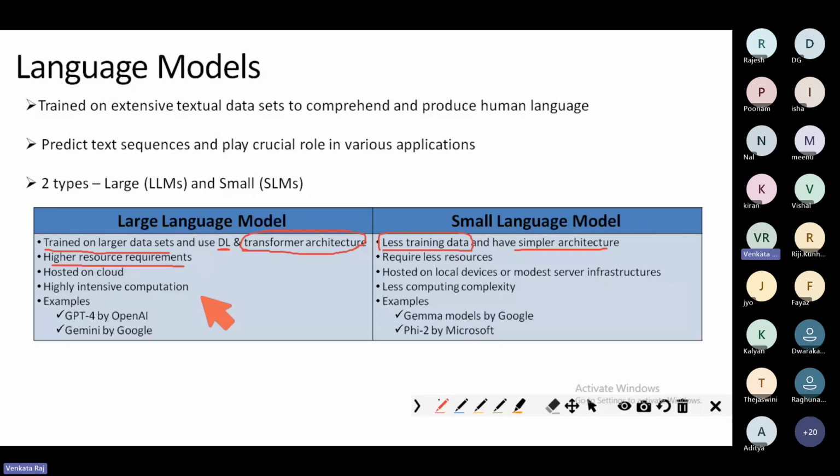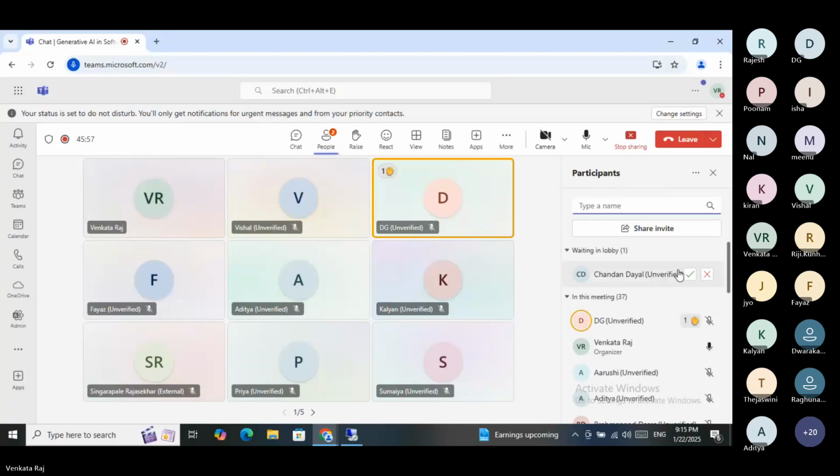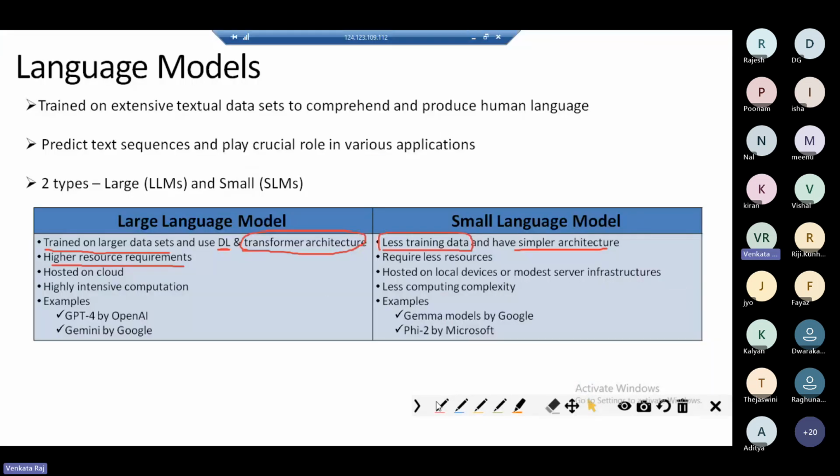You cannot run a large language model on your laptop, everyone. However, the small language models require fewer resources. So you can run the small language models on your laptop, on your personal desktops.